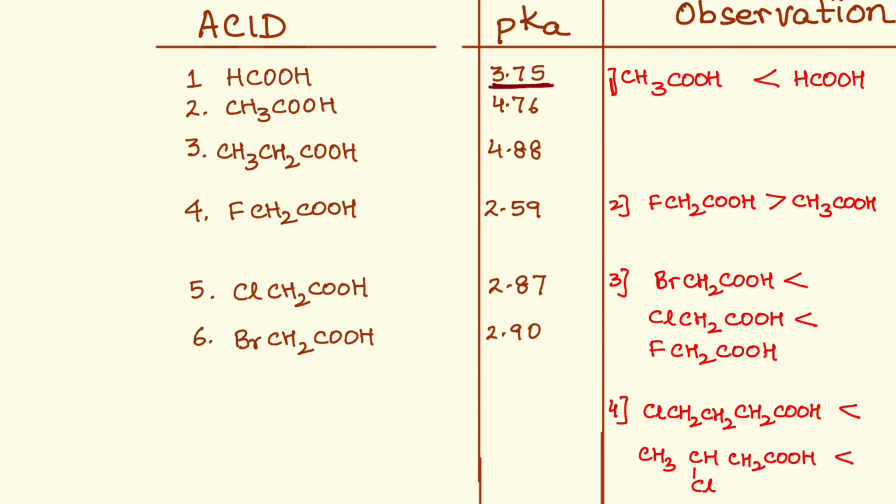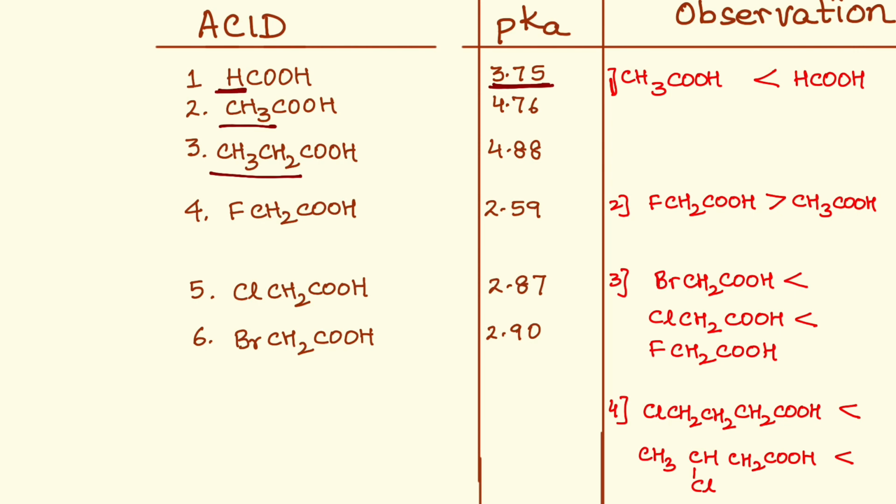Same way, if I compare ethanoic acid with propanoic acid, 1, 2, 3 carbon atoms, propanoic acid, notice over here the acidic strength goes down further. pKa is 4.88. Now what is happening at each stage is that the alkyl group is getting added.